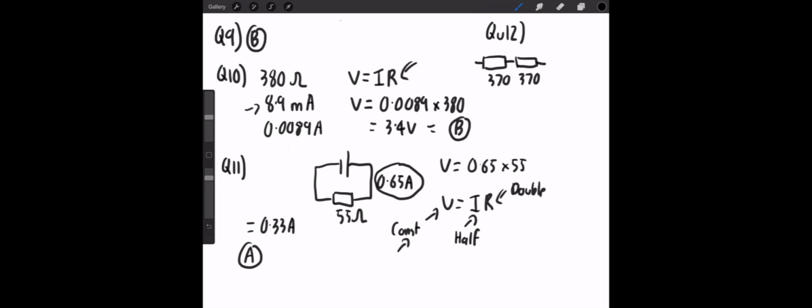And an 85 ohm. In series, resistances just add together. So just adding them all up, and I'm trying to do this in my head. The answer is 825 ohms, which gives us answer B.